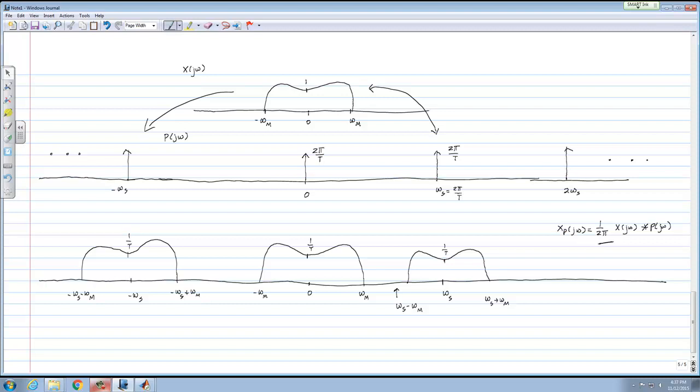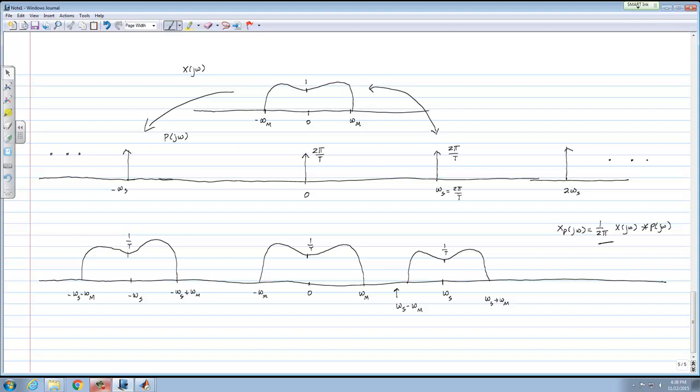All right, so what does this tell us? If the side lobes don't overlap with each other, I'm getting many repeated copies of my X of j omega. As I have drawn here, the copies of X of j omega are not overlapping with each other.